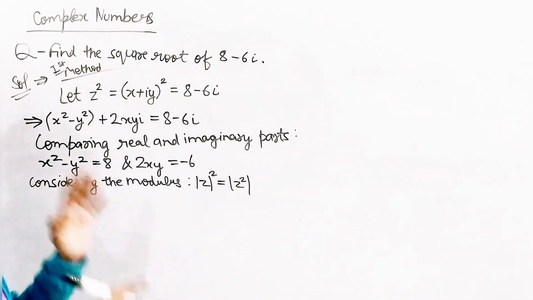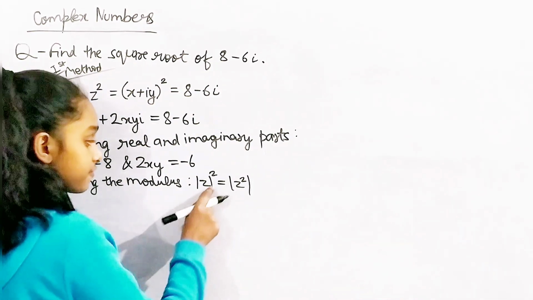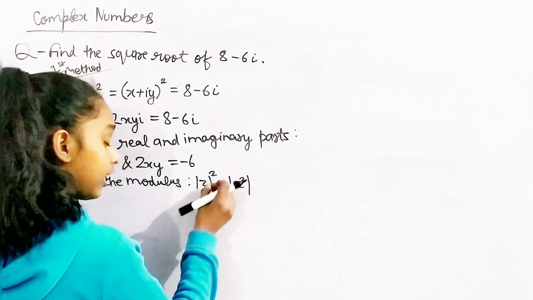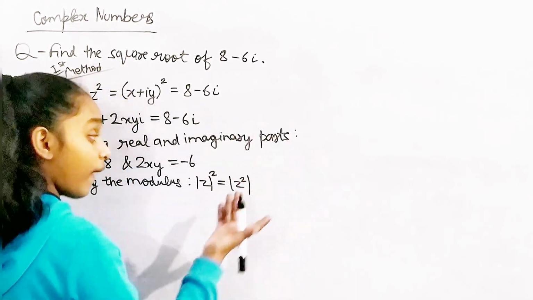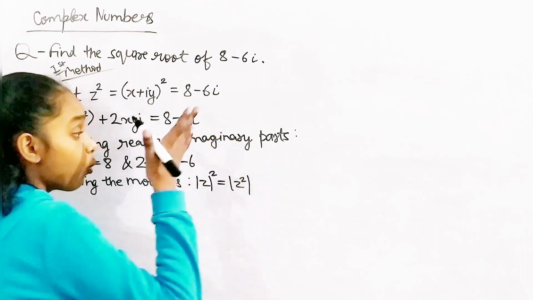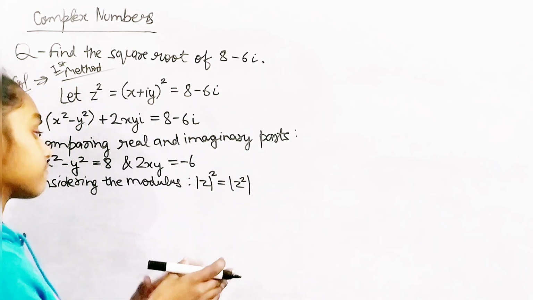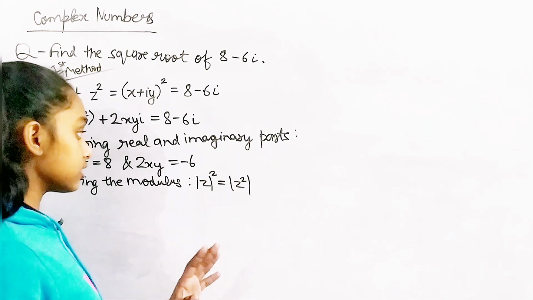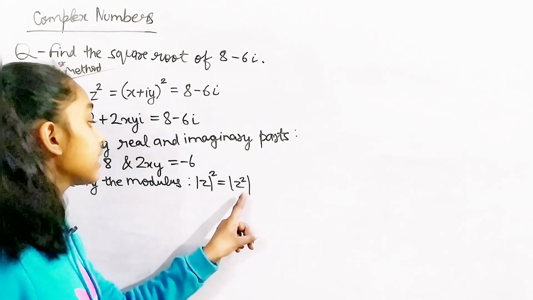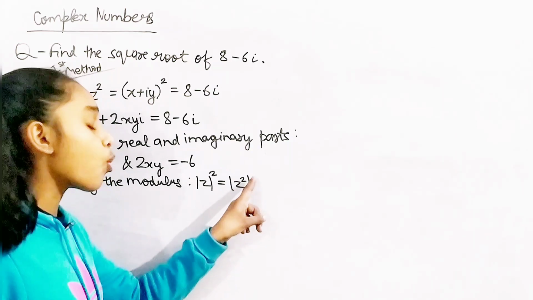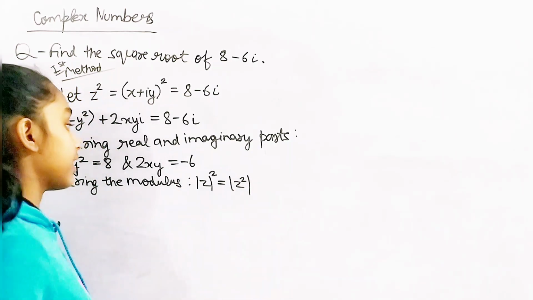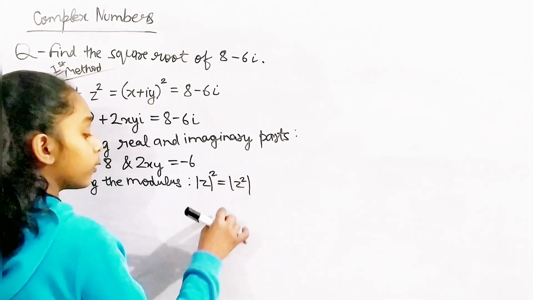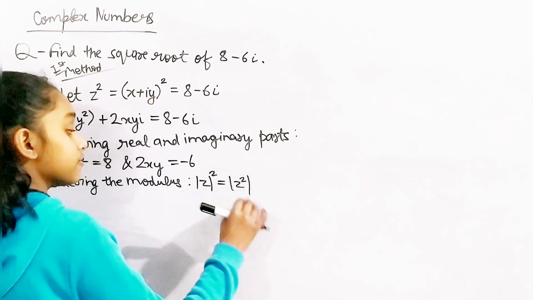So what I'm saying is this: finally I can say it in a really easy way. The mod of z squared is equal to the mod of z, squared.